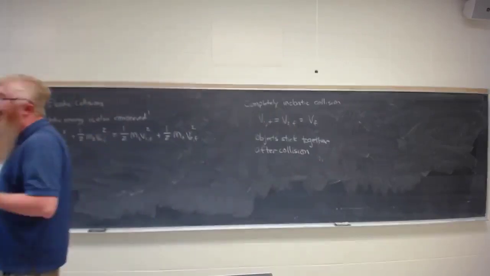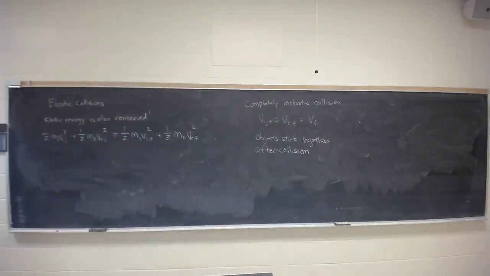That's a completely inelastic collision. And a lot of problems with collisions are completely inelastic because that's one less variable I have to give you, right? I say, this object with this velocity and mass collides with that object with that velocity and mass. What's the final velocity if they stick together?